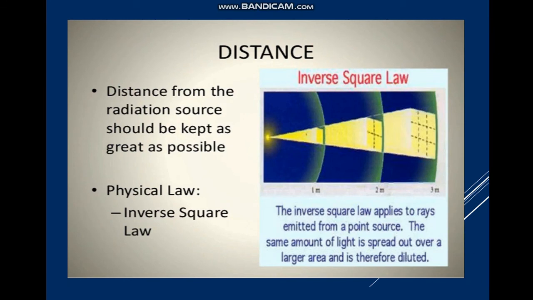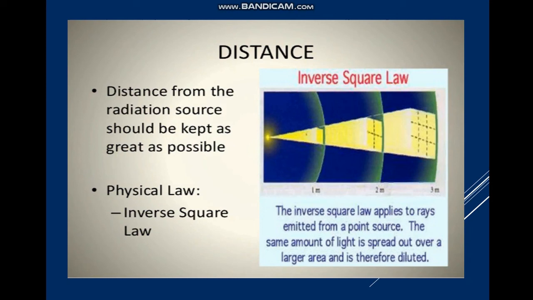The next method of protection is protection with distance. It means the distance from the radiation source should be kept as great as possible. The amount of radiation an individual receives will also depend on how close the person is to the source.